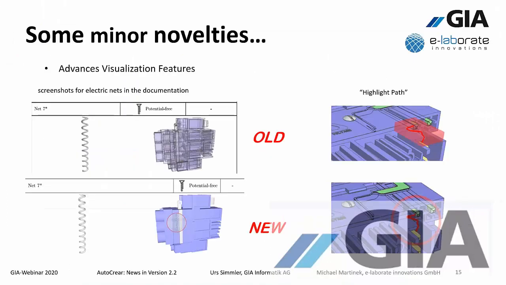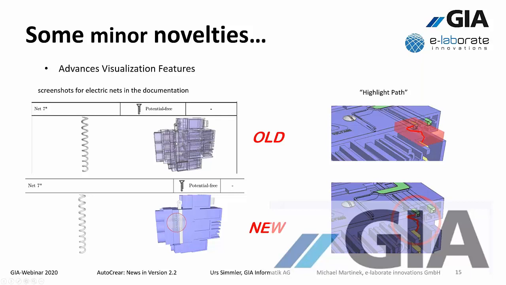Some minor novelties we introduced are advanced visualization features. For example, the automatic screenshots in the electric nets documentation, where we take 2 screenshots of each net, one which shows the net separated and one which shows the net in the context of the entire assembly.